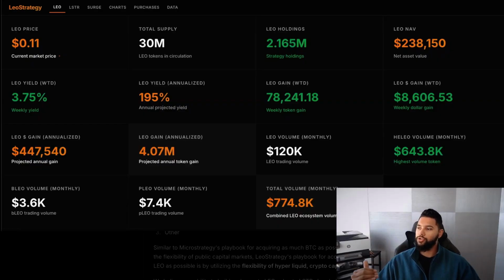Which means that LeoStrategy is adding Leo per share without any dilution to LSTR holders and without any cost of acquisition on that Leo. So it is technically infinitely accretive, as they call it, which is another way of saying, when you buy something with a $0 cost of acquisition, any future upside is infinite upside because you had no cost.